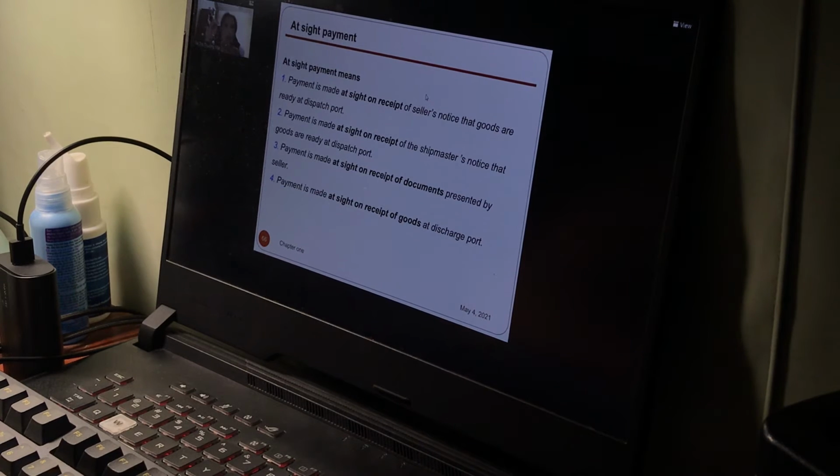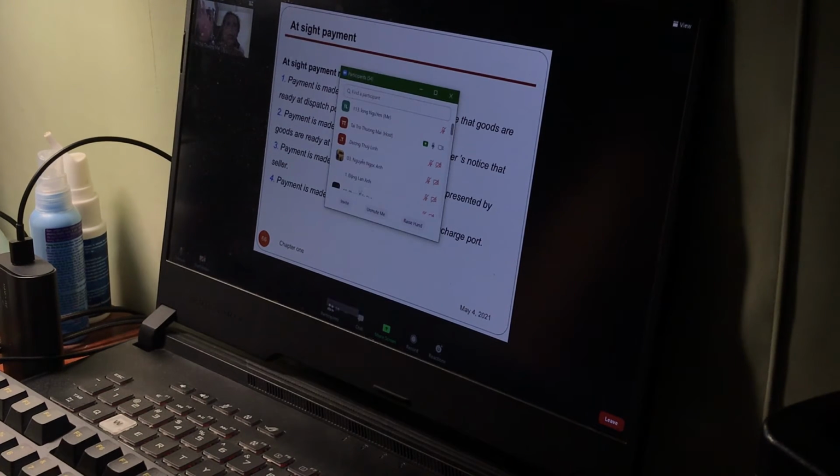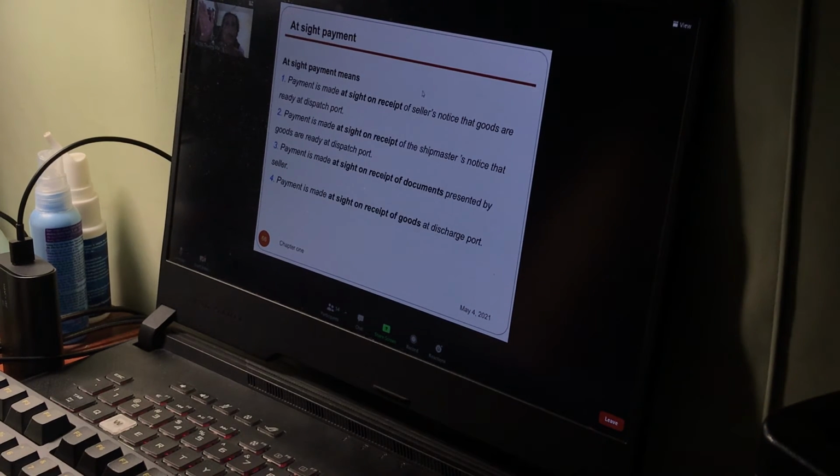Now look at from number 1 to number 4, and then answer the question. Which one is the best for the seller? Among 4 cases, which one is the best for the seller?